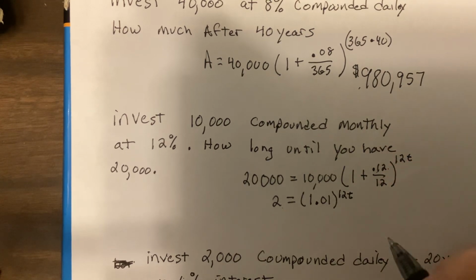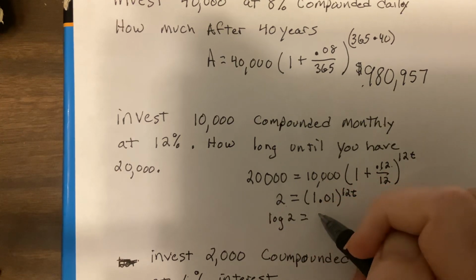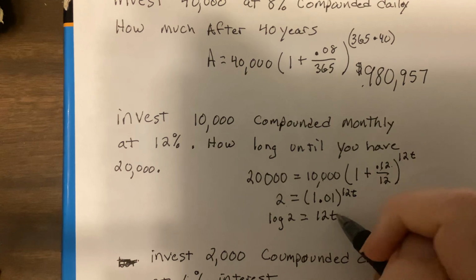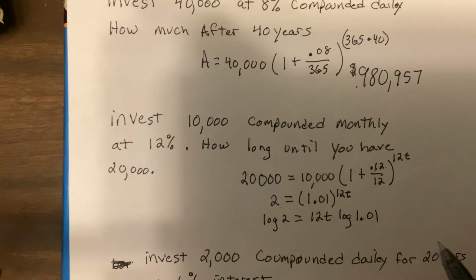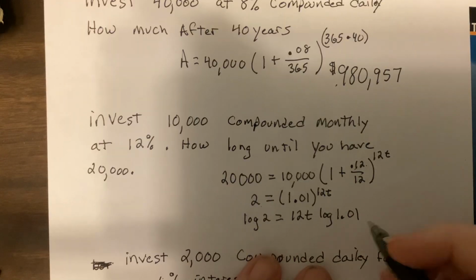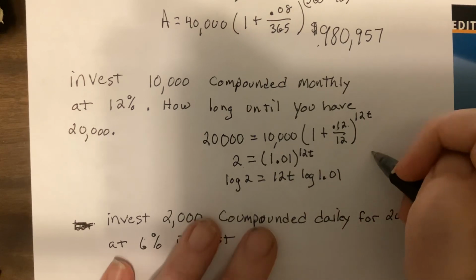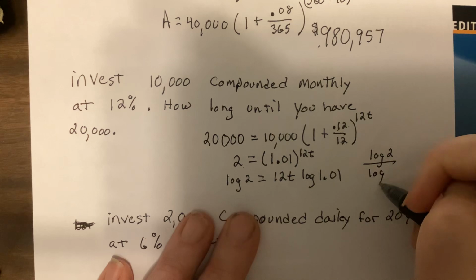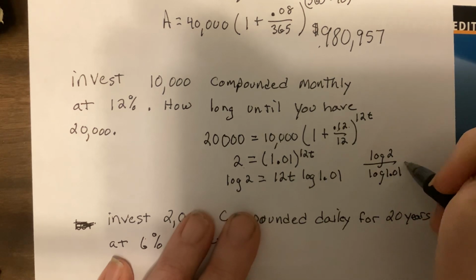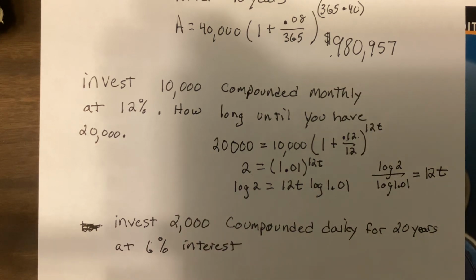12t. So I'm going to take the log of both sides. Log of 2 equals 12t log of 1.01. So I'm going to divide both sides by log of 1.01. So get my calculator out.